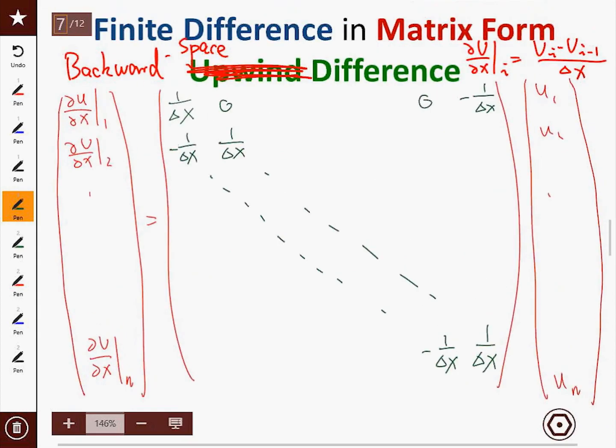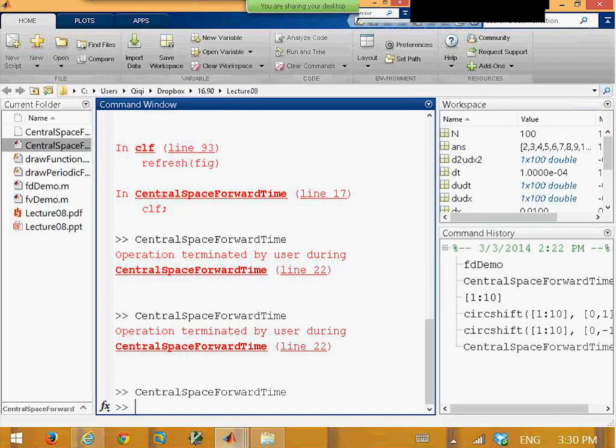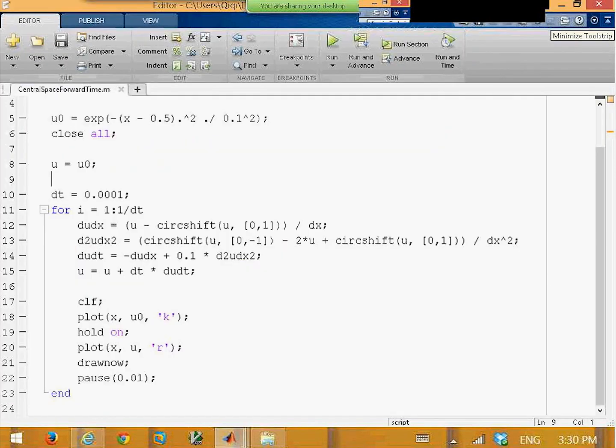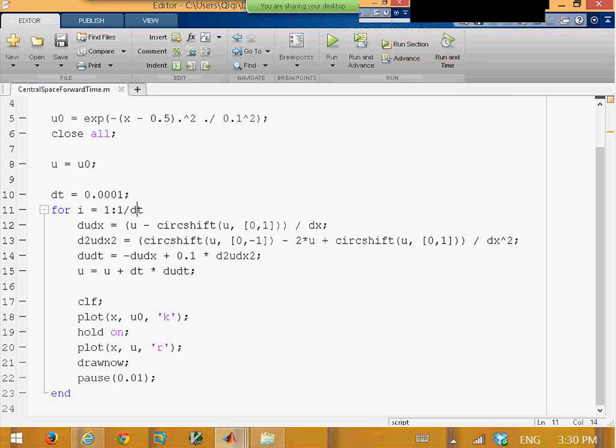Okay, so let's try to construct the matrix form in MATLAB. When we construct the matrix form, we don't need to do it in every time step, right? We can do it well in advance.